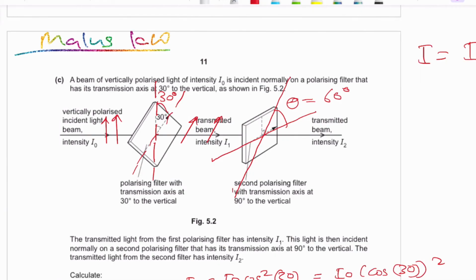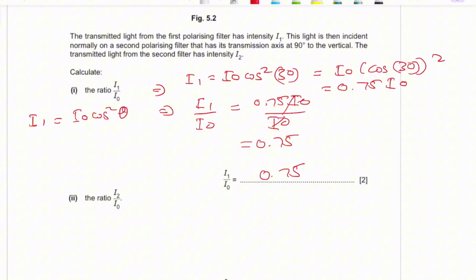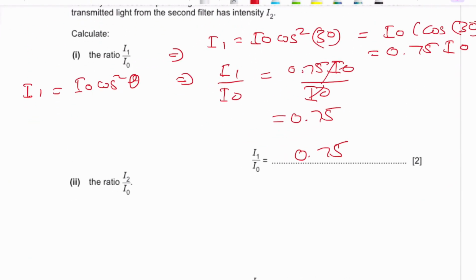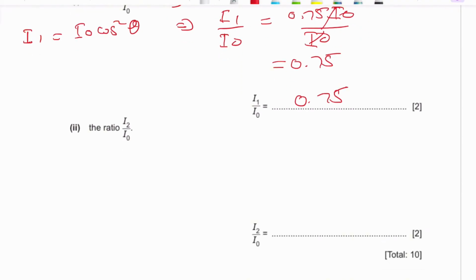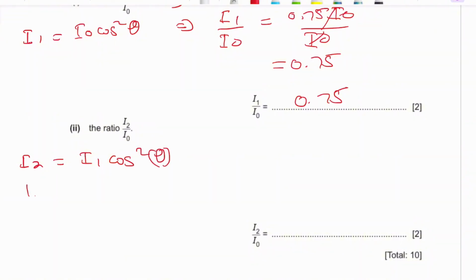So if you're comparing the theta between light at 90 degrees and light at 30 degrees, the angle theta will actually be 60 degrees. So basically very important for you to be thinking about what is your angle theta. So I2 will be I1 cos squared of theta. So I2 will be I1 cos 60.